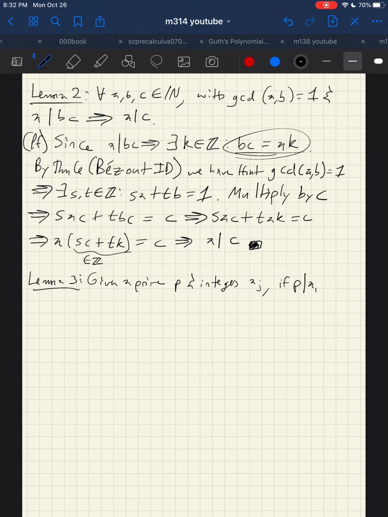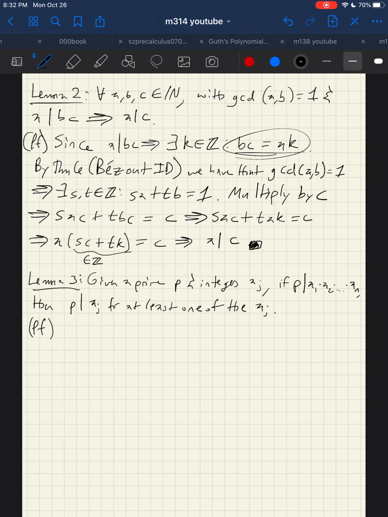If p divides the product a1 times a2 times ... times an, then p divides a_j for at least one of the a_j. And all this is saying is if p divides the product of these numbers, then it has to divide at least one of them.